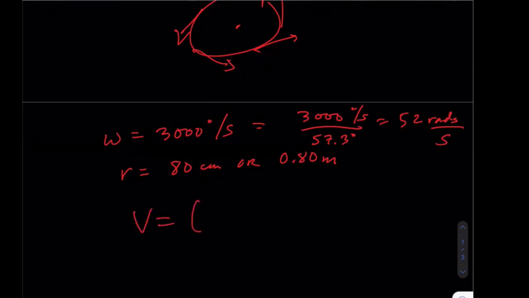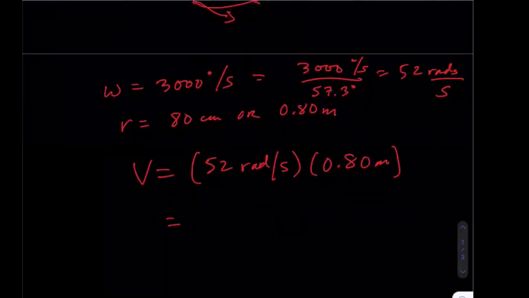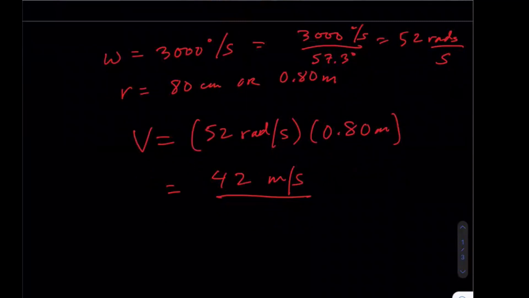So now I've converted it: 52 radians per second times the radius, which is 0.80 meters. That should give me roughly 42 meters per second. Am I done? No, because I need to convert that to miles per hour, and I already gave you the conversion factor, 2.23.